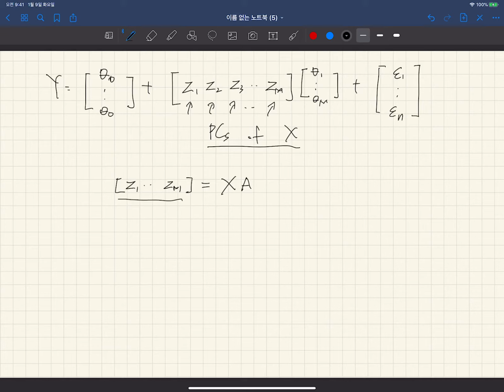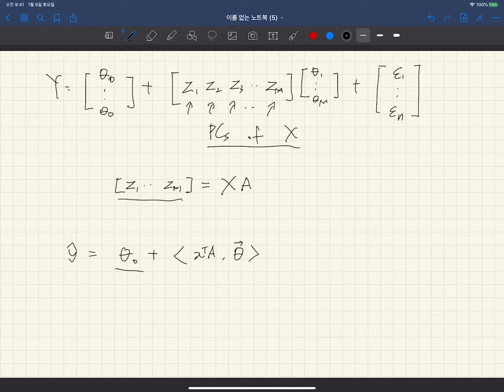So when you have a new observation, then from the trend parameters theta 0 and theta 1 through theta m, you can make the prediction for your new input: theta 0 plus x transpose times A times the theta vector.